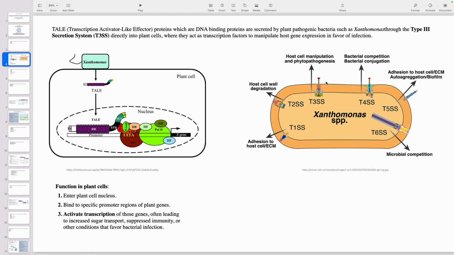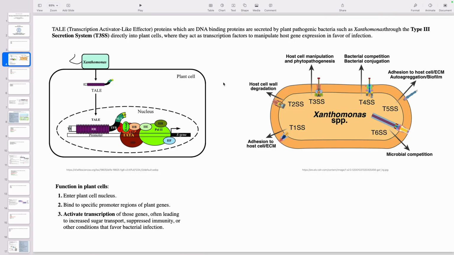So this is secreted by the type 3 secretion system. There are other secretion systems in the bacteria. T1 secretion system controls the adhesion to the host cell. The T2 secretion system controls the host cell degradation.